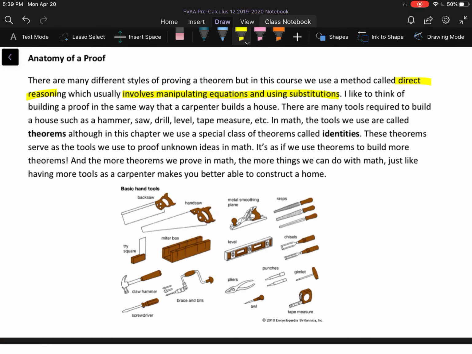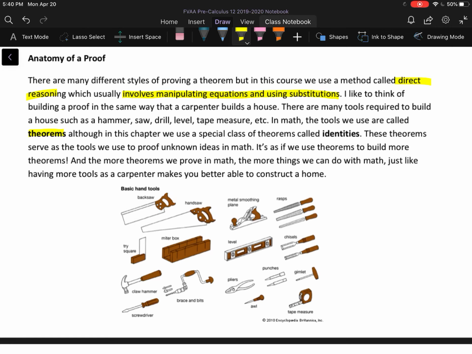I like to think of the building of a proof in the same way that a carpenter builds a house. There are many tools required to build a house, such as a hammer, saw, drill, level, tape measure, etc. In math, the tools we are using are called theorems. In this chapter, we use a special class of theorems called identities.